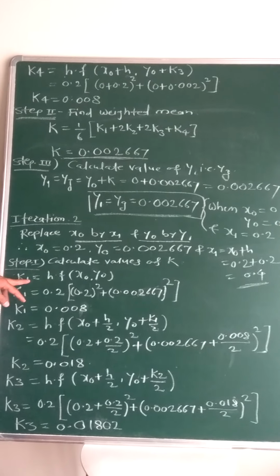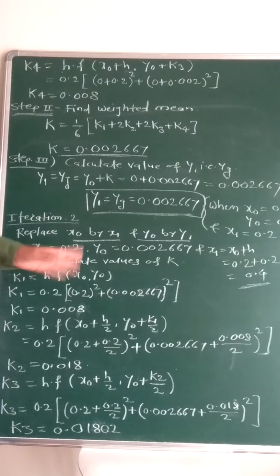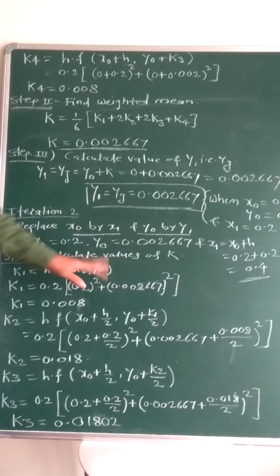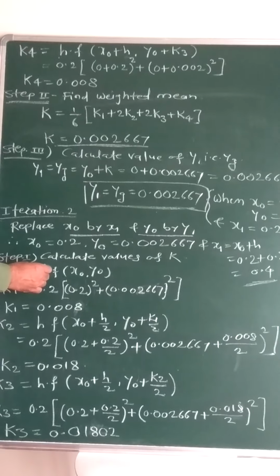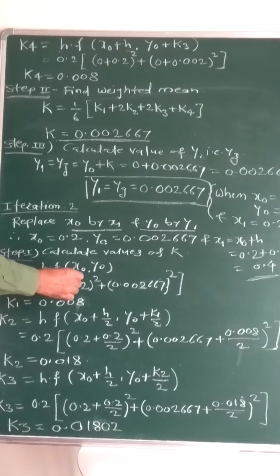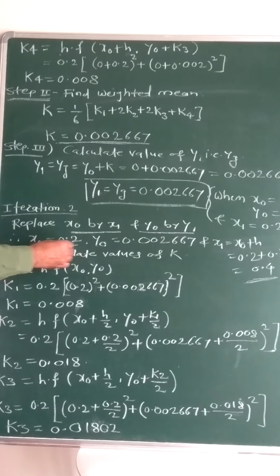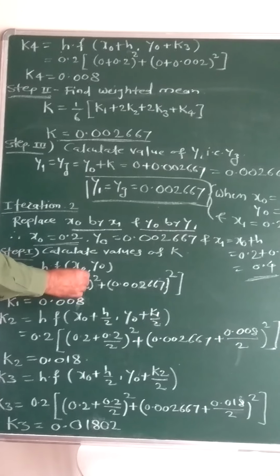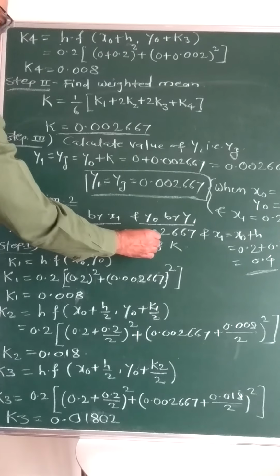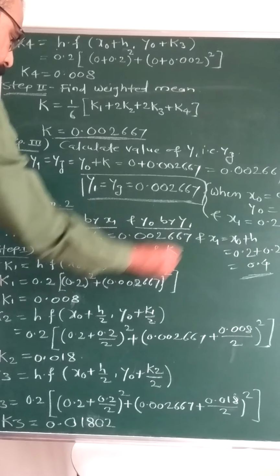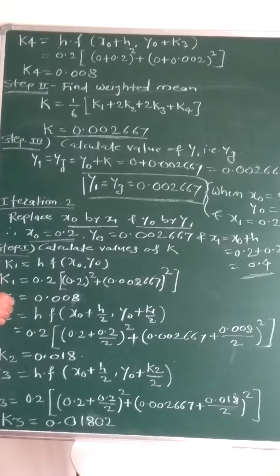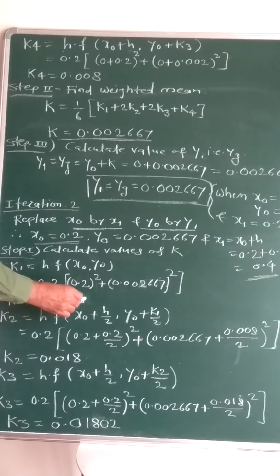The first value is k1. k1 is equal to, use the same formula, h into f of x0, y0. h is 0.2, function is x square plus y square. Therefore x0 is 0.2 square plus y0 is 0.002667 bracket square. Therefore k1 is equal to 0.008.